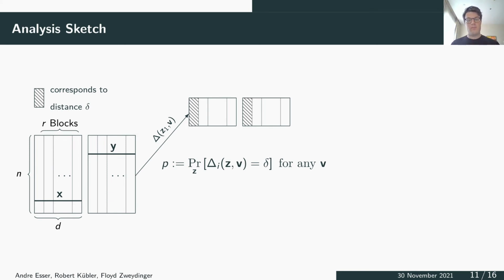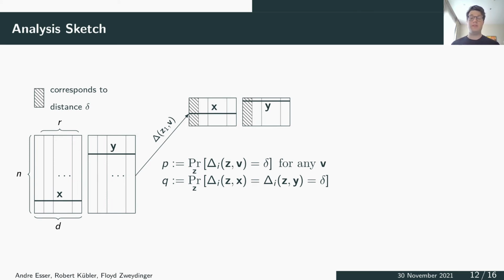Exactly the same holds for the probability Q, where we want to find out the probability of the fact that x and y do survive the filtering step, which is again the relative distance on the first block. Well, on every block, but in the first level on the first block.